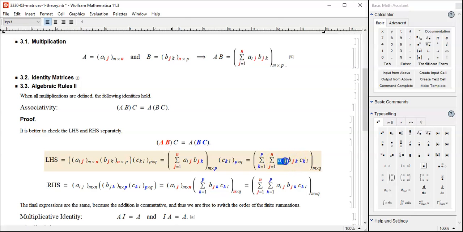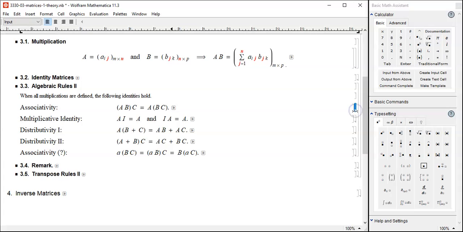And then if you look at each individual multiplication, IJ, JK, KL, they're all the same. And the summation, they don't matter. They're always the same. So we have the same result here and there. Okay, so much for associativity. And do I have enough time for one more?